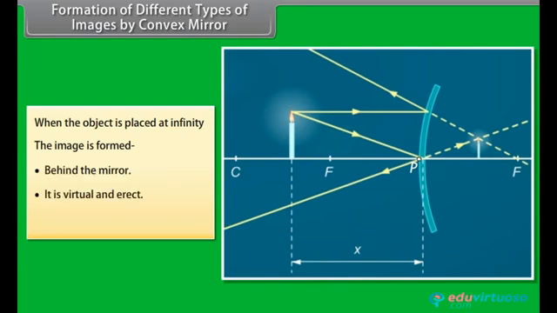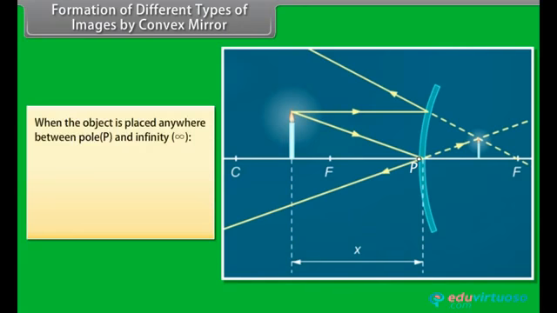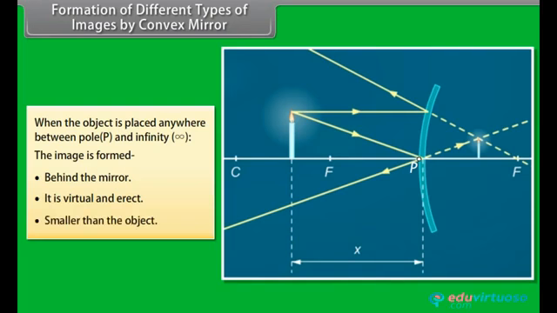It is virtual and erect, smaller than the object. When the object is placed anywhere between pole P and infinity, the image is formed behind the mirror. It is virtual and erect, smaller than the object.